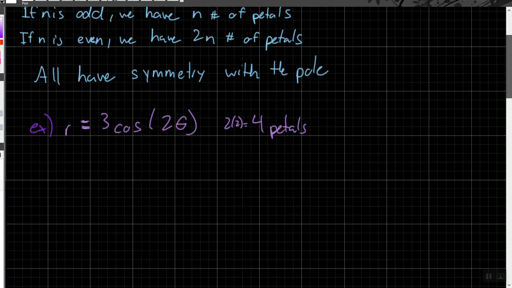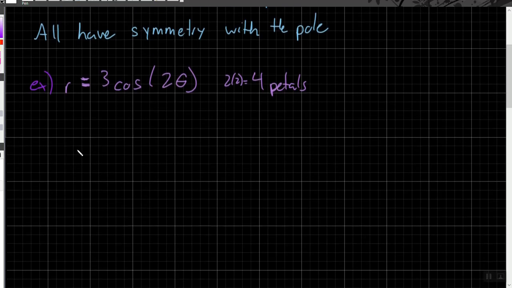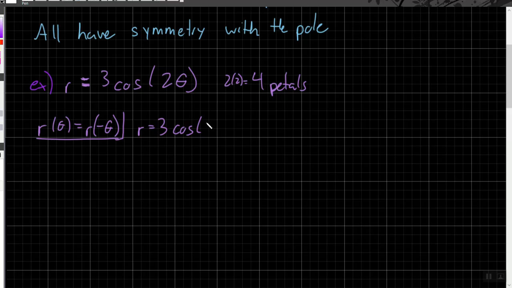Okay, let's check our symmetry. r of theta equals r of negative theta. So that means if we have r equals 3 cosine of negative 2 theta, is that the same as our original function?